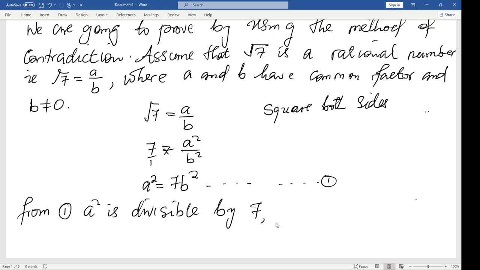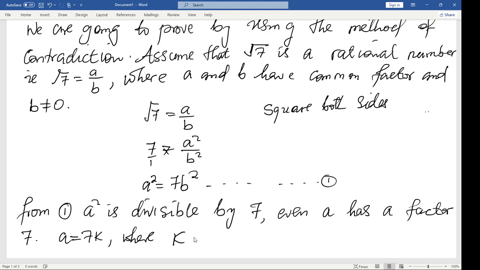So this means that even a has a factor 7 here. So now, if a has a factor 7, then a is simply equal to 7 multiplied by any number, so that it has a factor 7. So now this k here can be any integer, so I can just say where k is an integer.